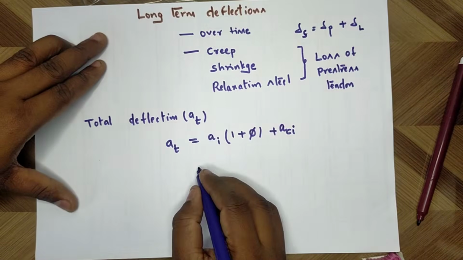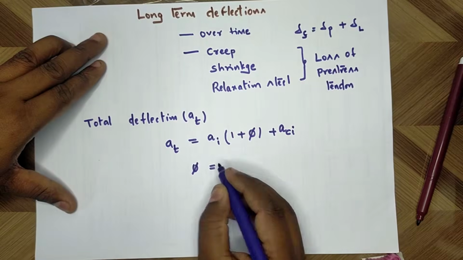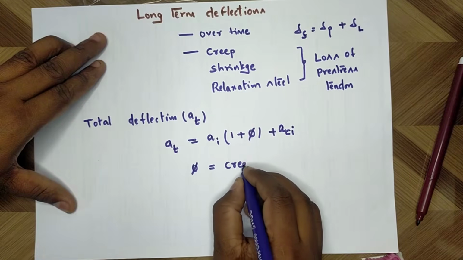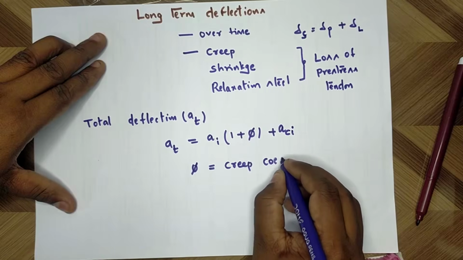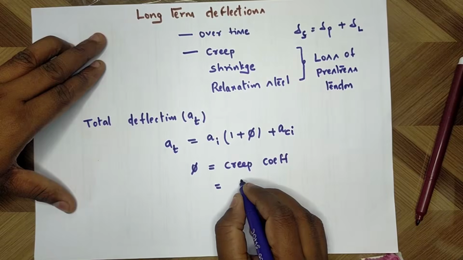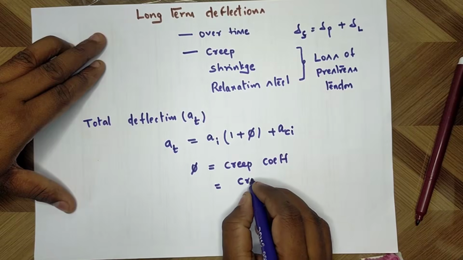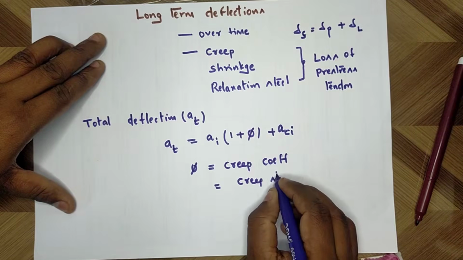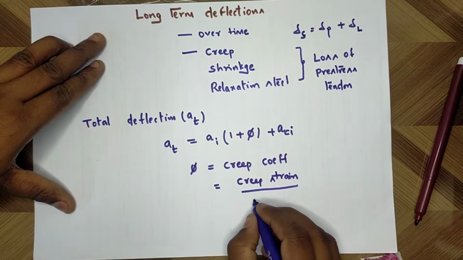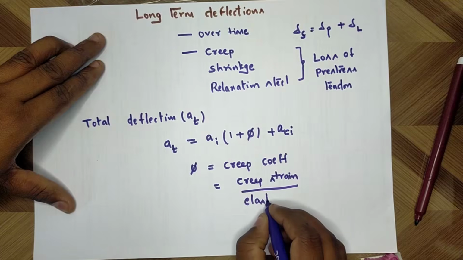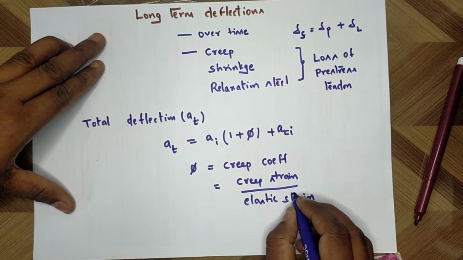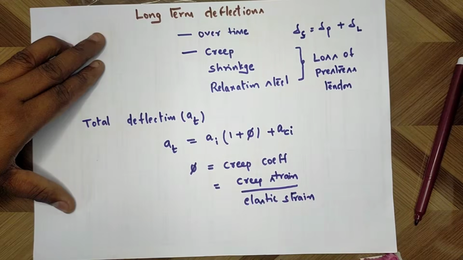Here phi is equal to the creep coefficient, meaning the ratio of creep strain to the elastic strain. Creep strain to the elastic strain is known as the creep coefficient.